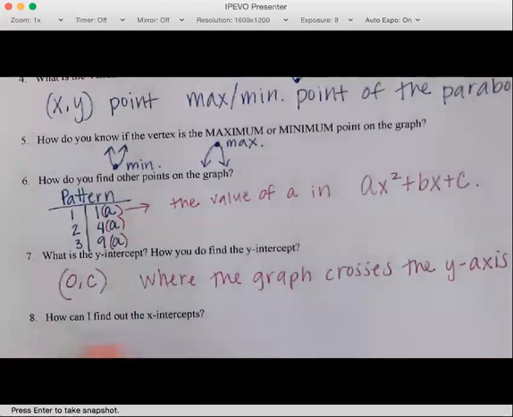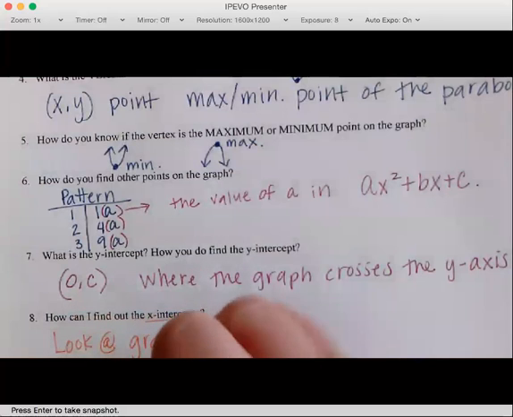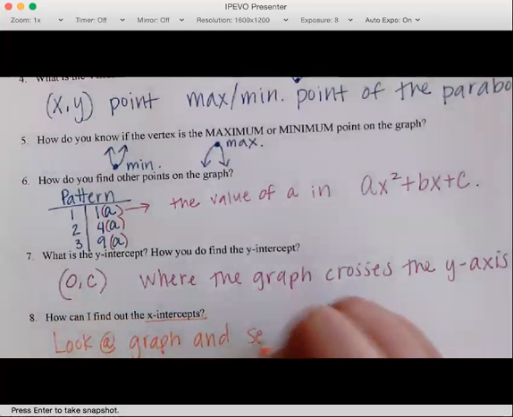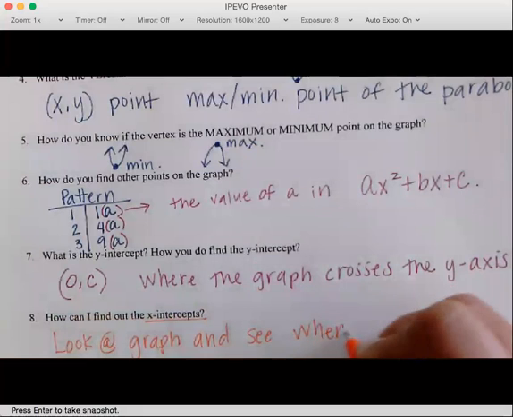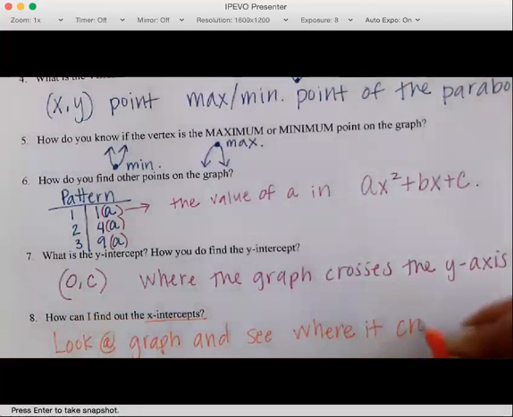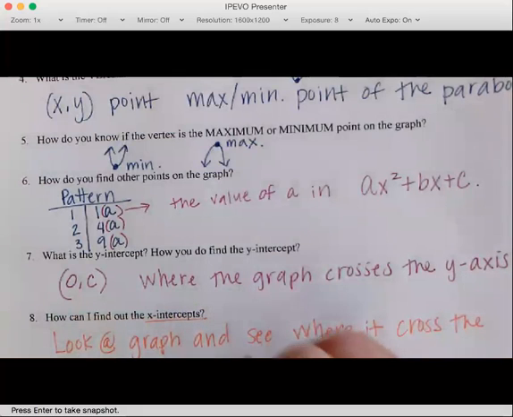Okay, so how do you find out the x-axis? Look at the graph and see where it crosses the x-axis. Okay, so let me move that up just a little bit.